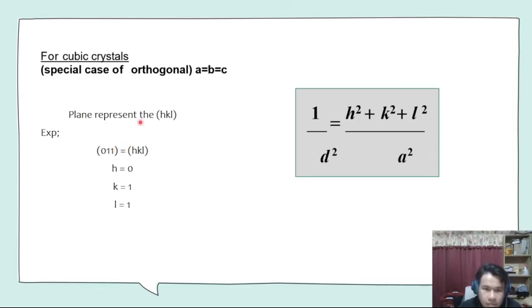For example, the 011 plane is equal to hkl, so h is equal to 0, k is equal to 1, and l is equal to 1.